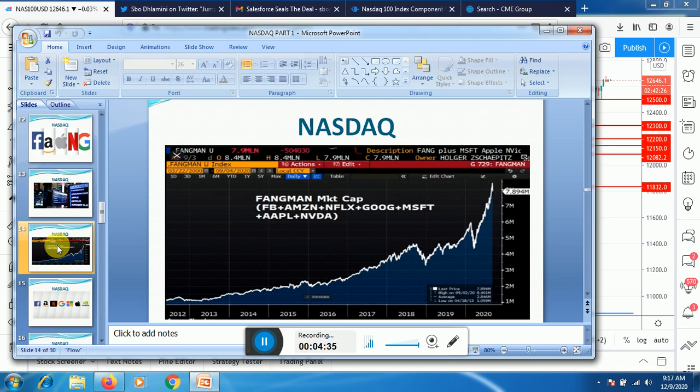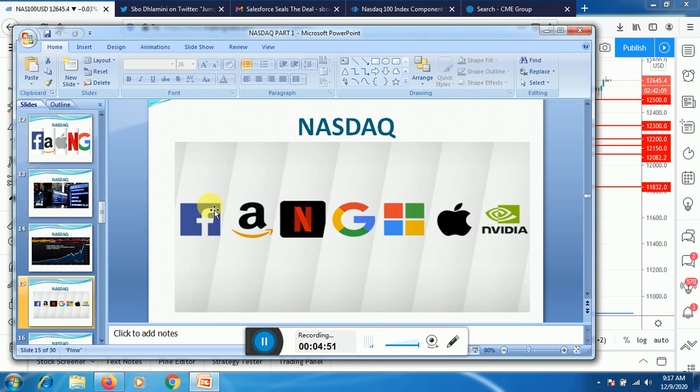I also wanted to talk about another index that I mostly talk about when I write some of my analysis. This one is called the FANGMAN Index, né? The FANGMAN Index is basically Facebook, Amazon, Netflix, Google, Microsoft, Apple, and Nvidia.